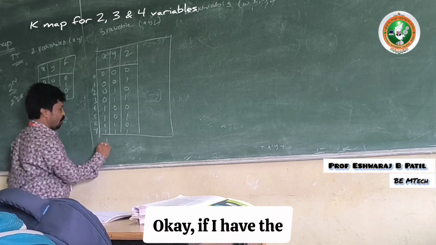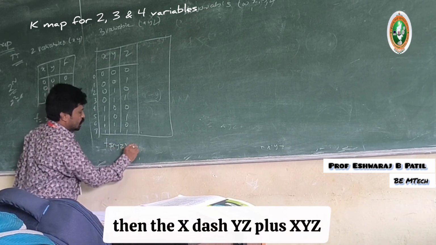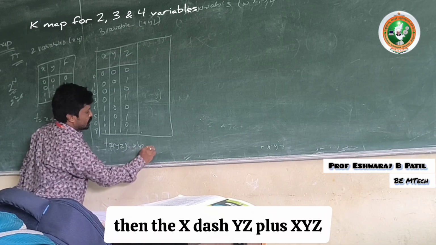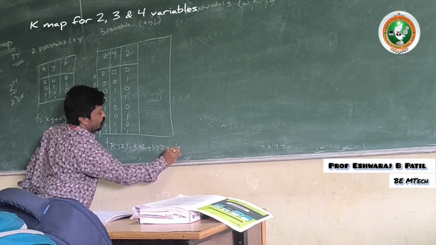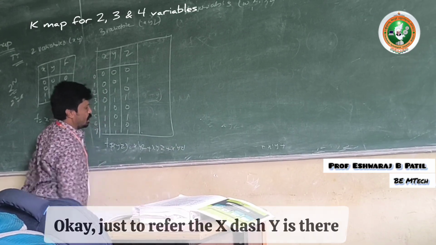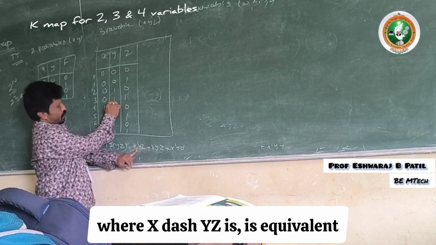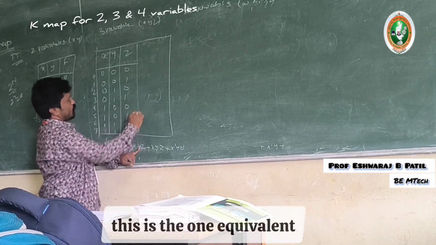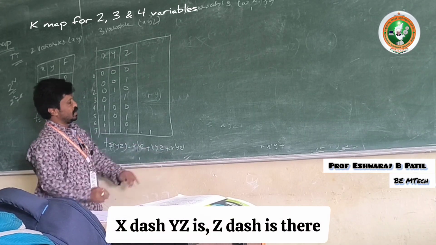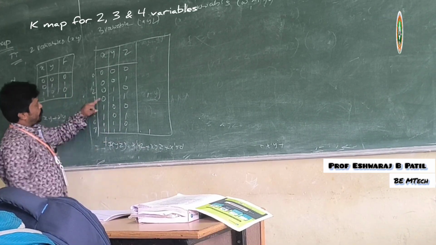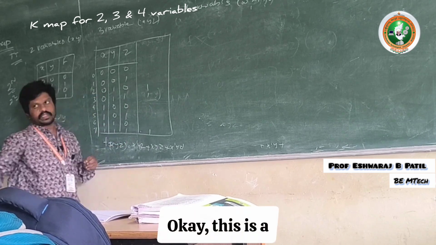If I have the function with x, y, z, then x'yz plus xyz, then x'yz'. Just referring to x'yz, that is 1 equivalent; xyz is there, then put 1; x'yz' is there, put 1.